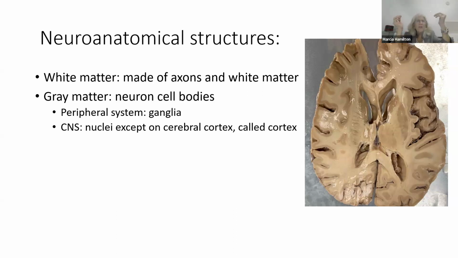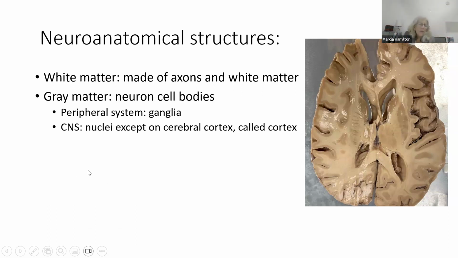So all information for motor control on the left side of the primary motor cortex is going to the right side of the body. What's on the left will go to the right, what's on the right will go to the left. So we'll learn a little bit more about that.